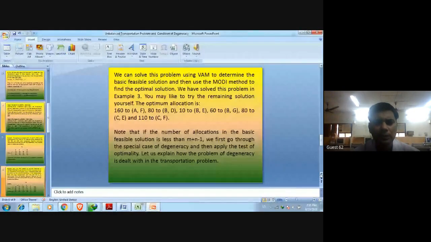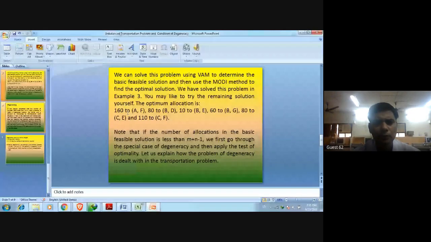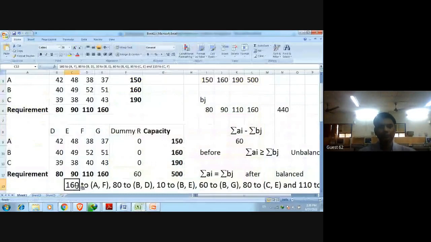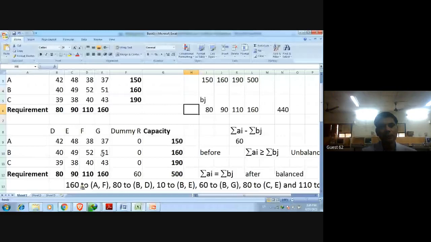So this is your solution for this example. Okay? This is the solution of this example. It means 160 allocation will be for AF. Okay. Write down F here.